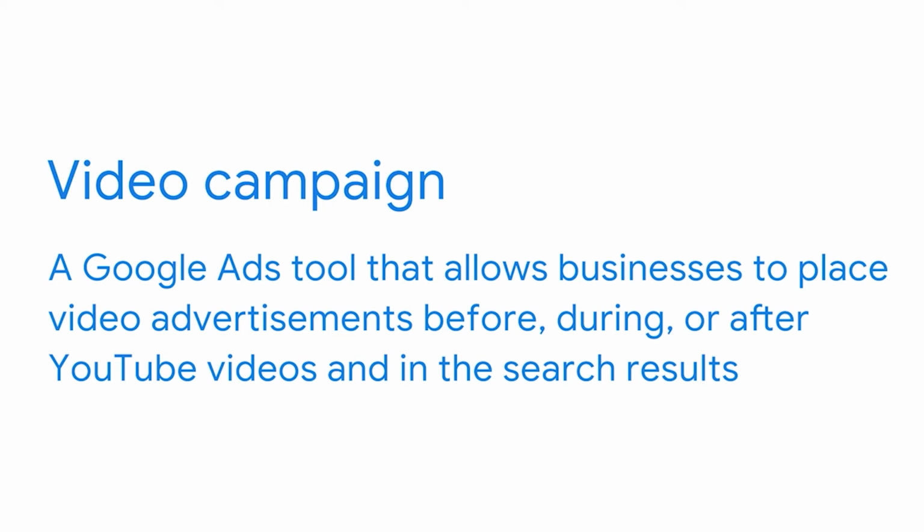With so many users constantly streaming videos, e-commerce specialists have a valuable opportunity to reach new and returning customers using video advertising. A video campaign is a Google Ads tool that allows businesses to place video advertisements before, during, or after YouTube videos and in the search results.